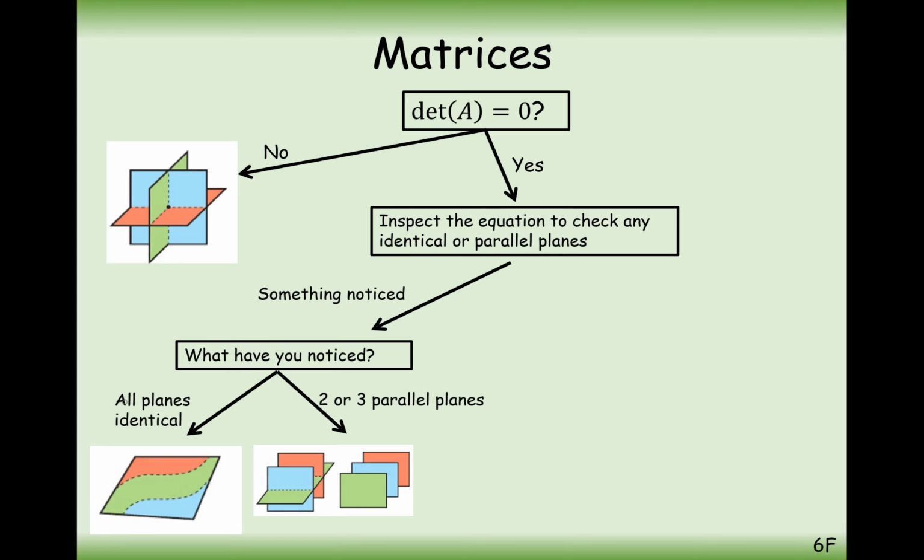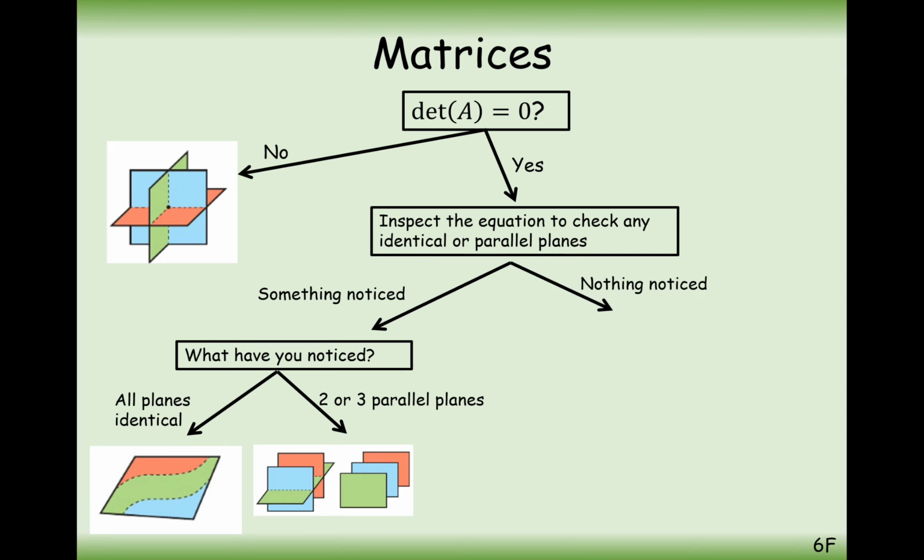Remember, you can spot identical planes because there should be one constant scale factor between one equation and another, and then maybe a different scale factor to get from one equation to the third equation. Or maybe you've spotted some parallel planes. Maybe there's a scale factor in the coefficients but not the number at the end. Does that happen to all three planes, or does it happen to just two planes and then one other random plane that may intersect them?